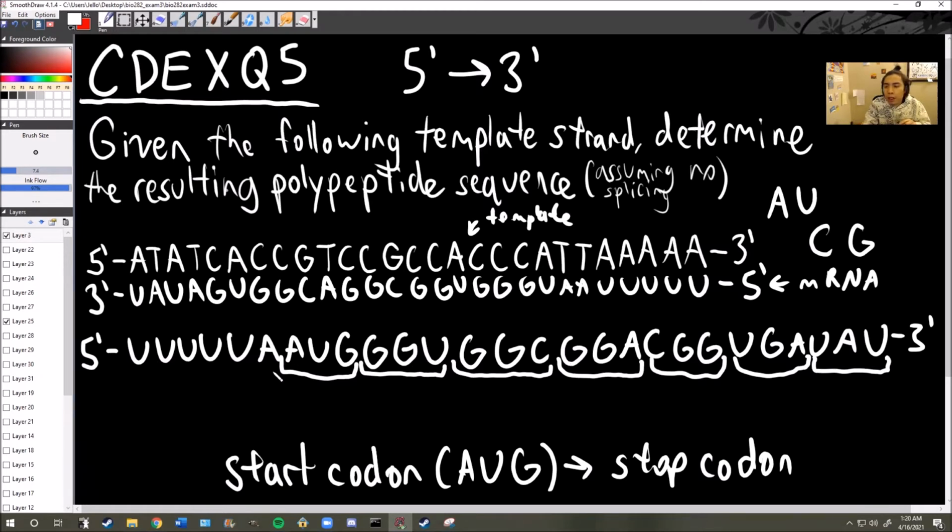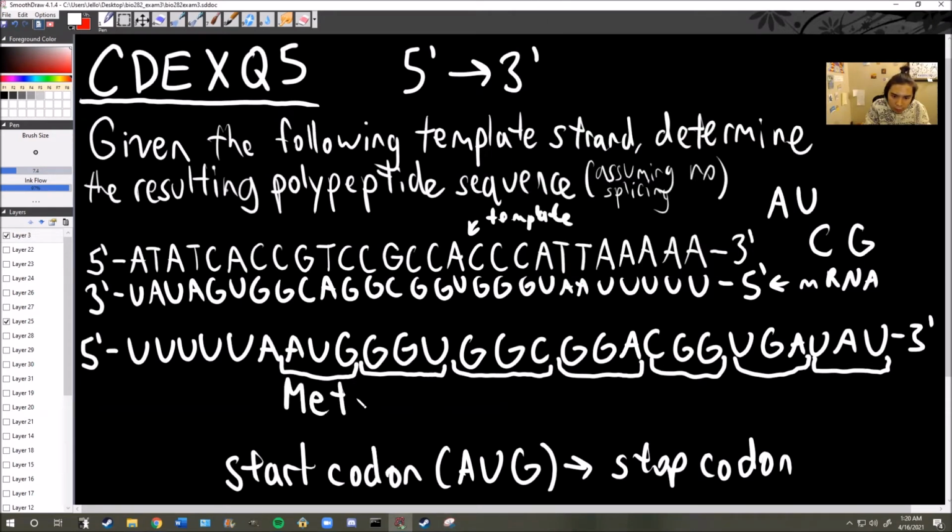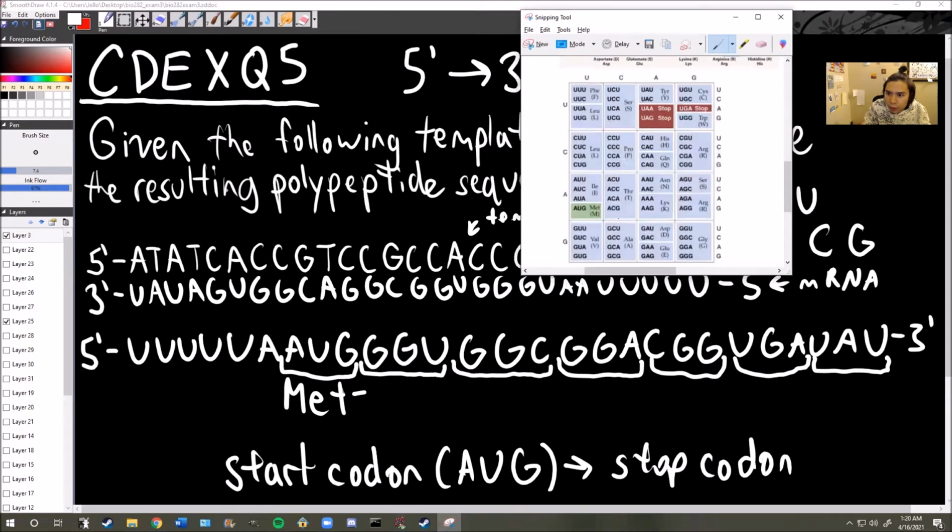Cool. So now we check our amino acid codon chart, which will be given on the exam. And AUG would correspond with a methionine. GGU, what is GGU? A glycine.